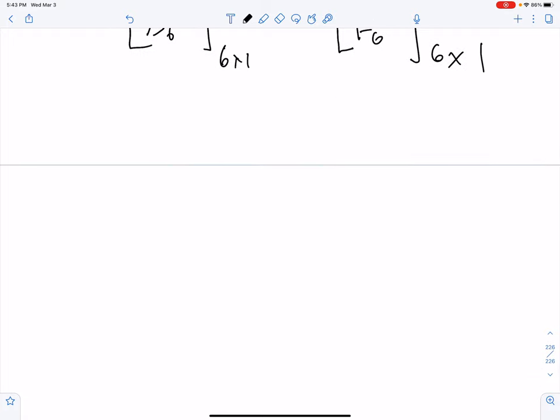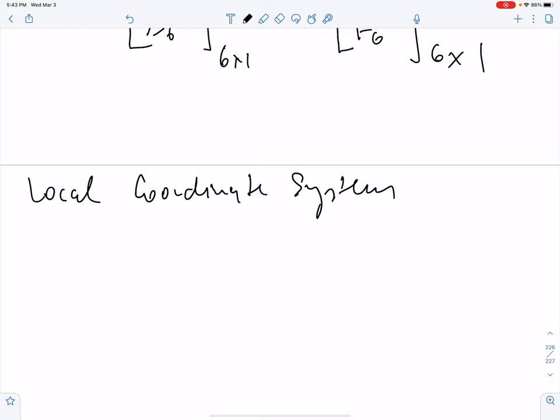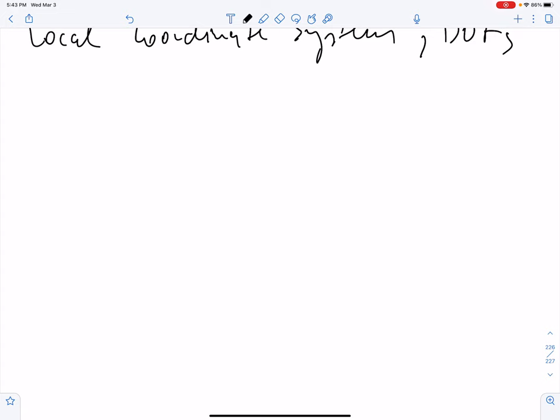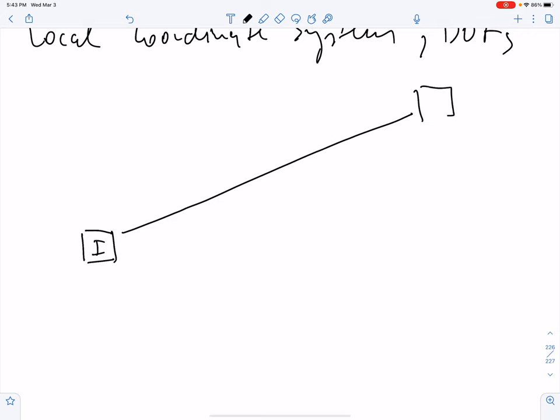Okay, so now what happens in the local coordinate system and the corresponding DOFs? This is again the same element, with nodes I and J. This is little x, little y.